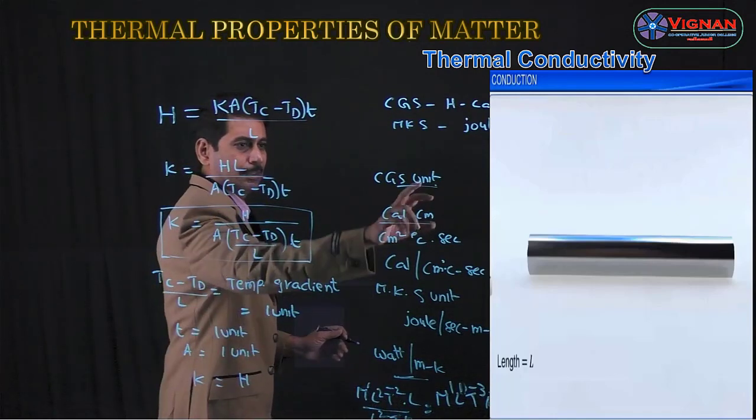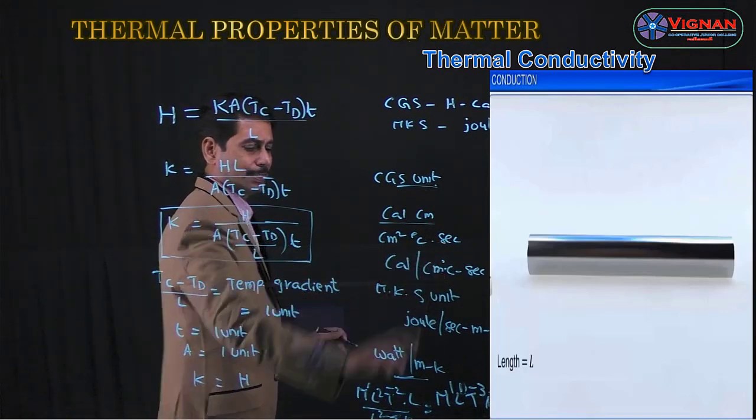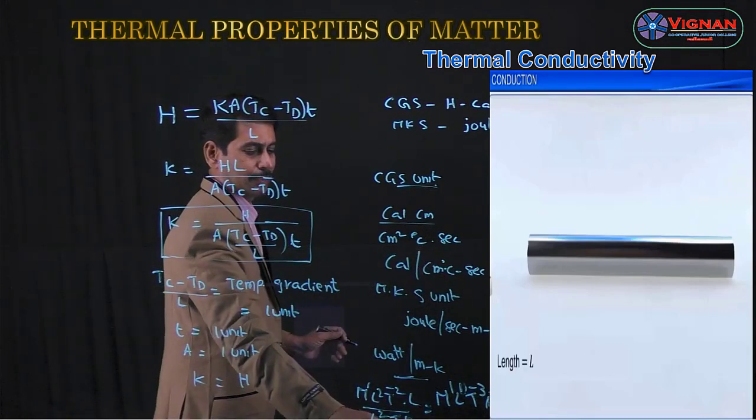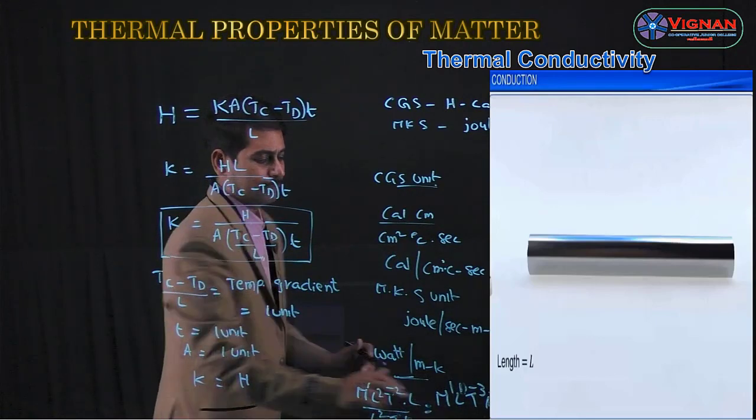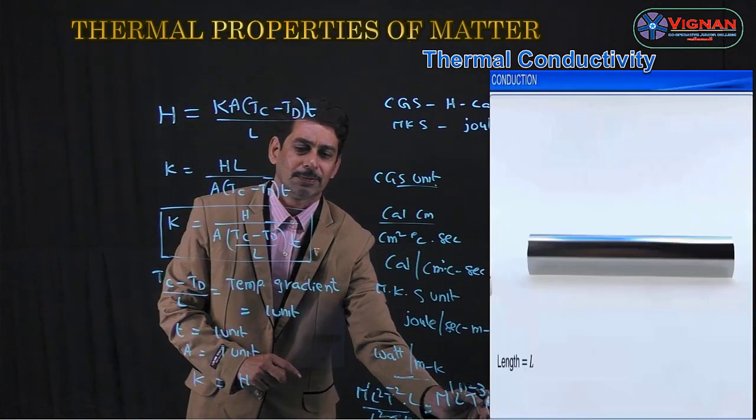For length it is L, for area it is L square, for time it is T, and for temperature it is K. By simplifying this, we get M power 1, L power 2 gets cancelled, but there is an L here, so we get L power 1, T power minus 3 and K power minus 1.